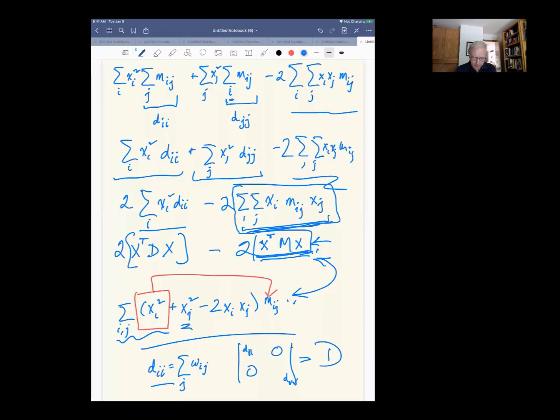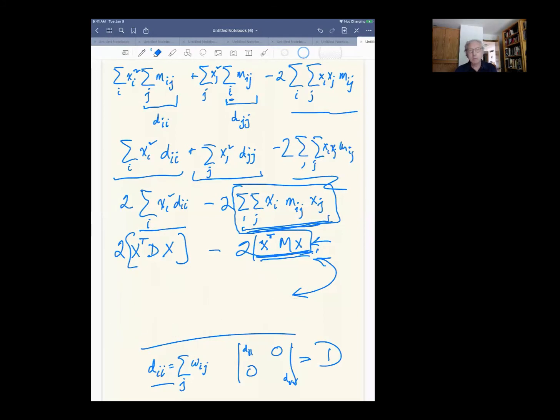So I will erase this part and take one more step in matrix thinking. Okay, so what can we do here? How can we relate these two? Well, it's really very simple. There's the 2. We can pull that 2 out.